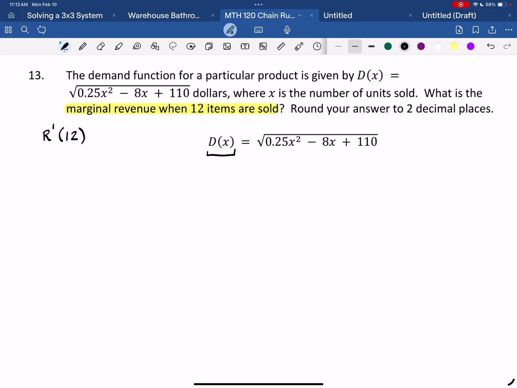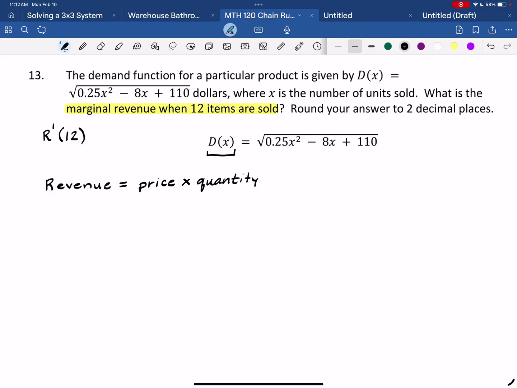So to find revenue, revenue is equal to price times quantity. That is, the amount of money you bring in is based on the price that you're charging times the number that you sell.